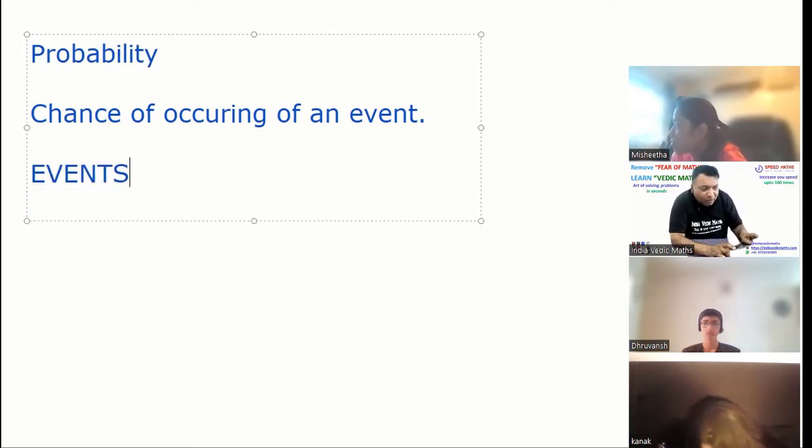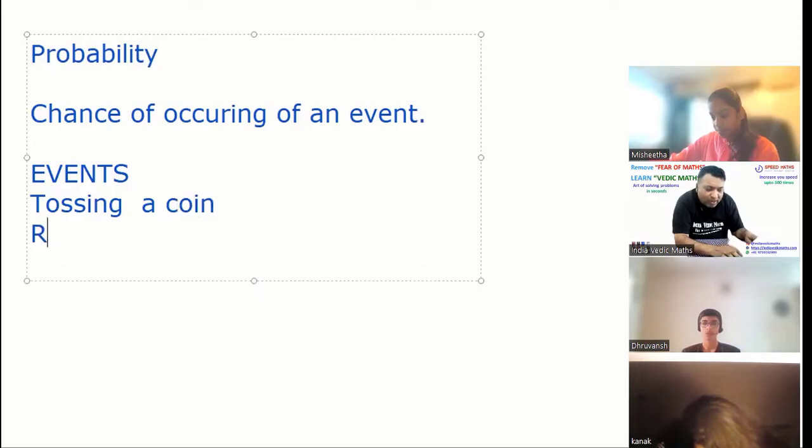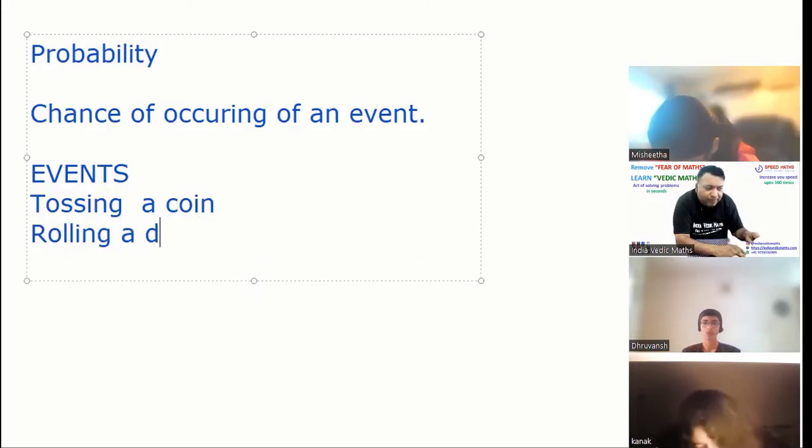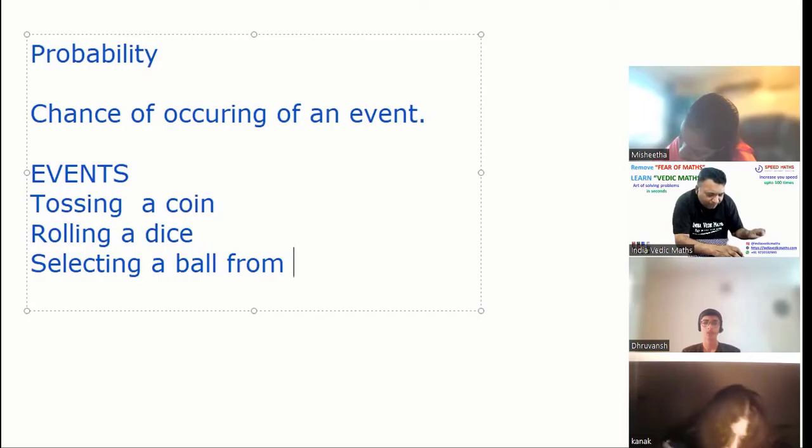Events. What are events? Tossing a coin is an event. Rolling a dice is an event. Selecting a ball from a box is an event.